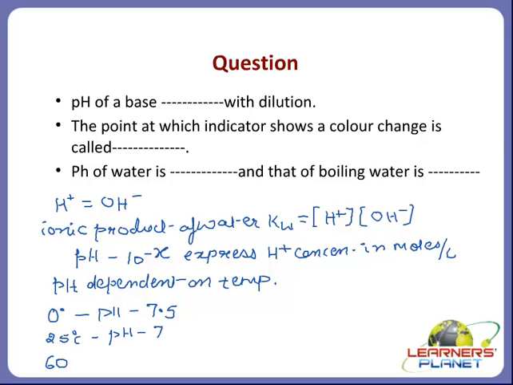And at 60 degrees centigrade, the pH of water becomes 6.5. Okay, sorry, water boils at 100 degrees centigrade. The pH at 60 degrees comes out to be 6.5 and at 100 degrees it would be 6. So the pH of boiling water would be 6.